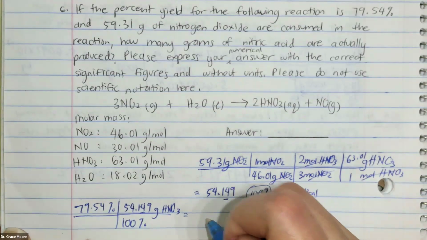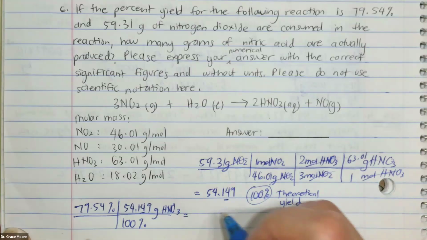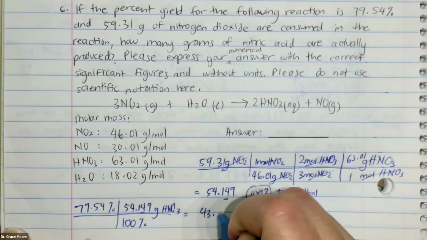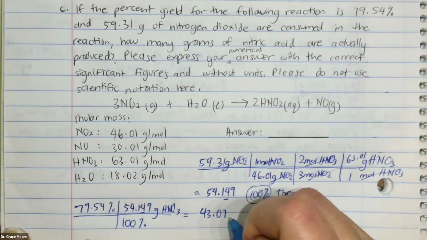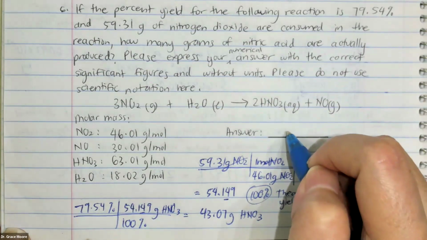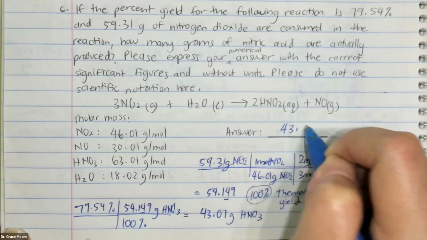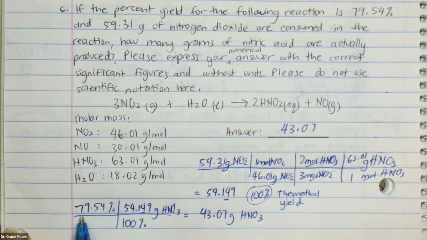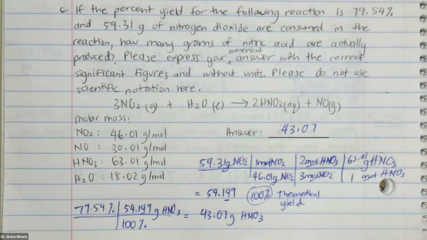So my answer would be 43.07 grams of HNO3. In this case, I'll just put down 43.07. Again, 4 sig figs in my answer.